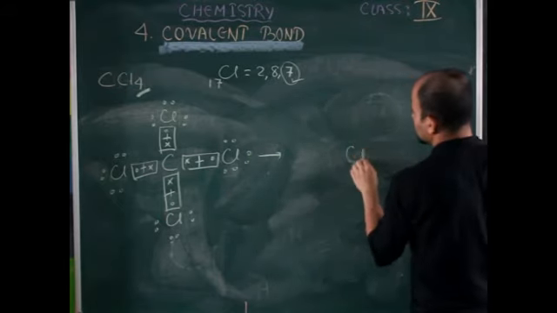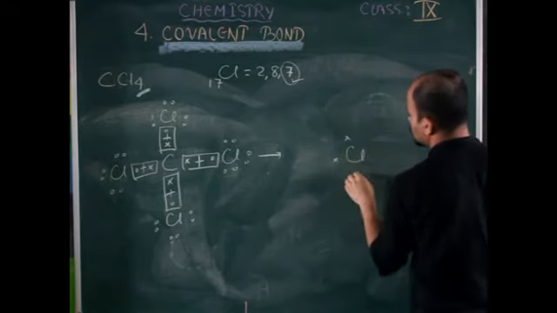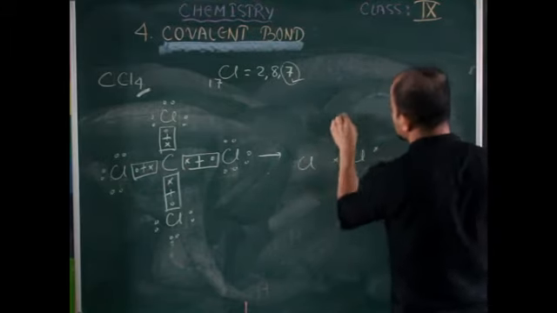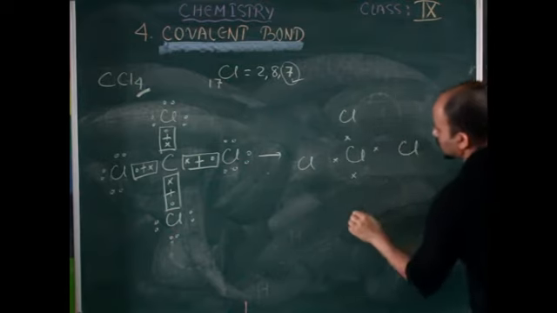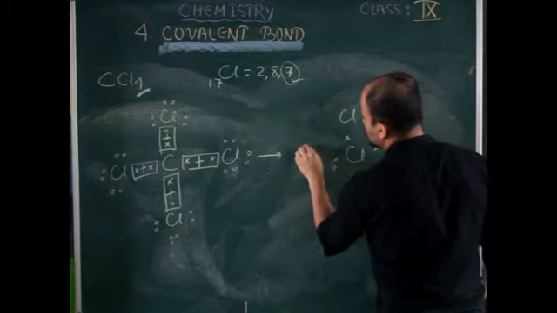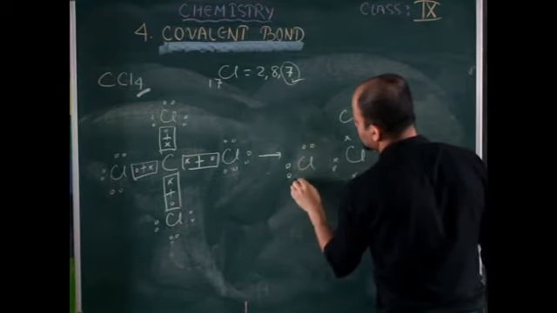So carbon 1, 2, 3, 4, and chlorine here 1, 2, 3, and 4. It has 1 electron of chlorine, and then 2, 3, 4, 5, 6, 7.